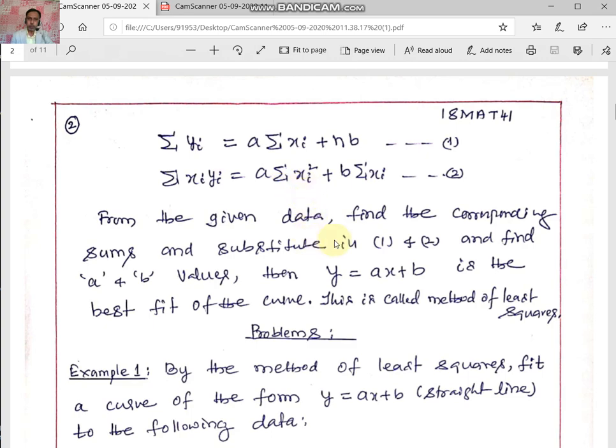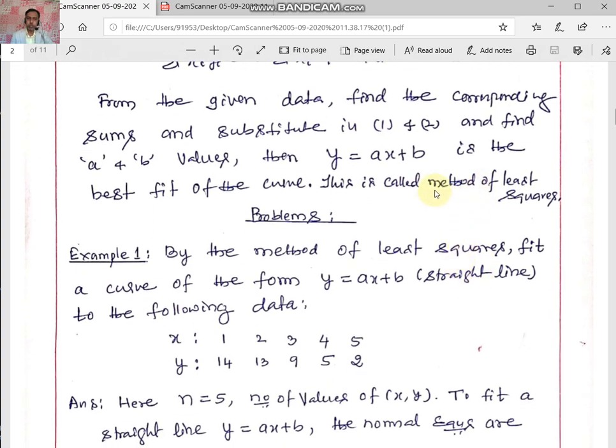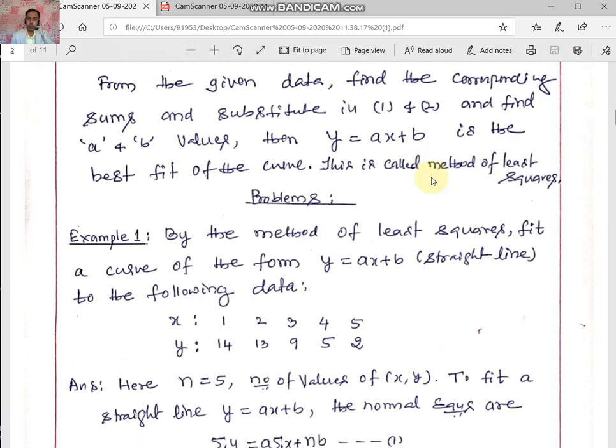Then substitute into the normal equations and find the a and b values. After getting the a and b values, substitute into the straight line. That gives the best fit of the curve. This is called the method of least squares to estimate a curve in the form of a straight line.